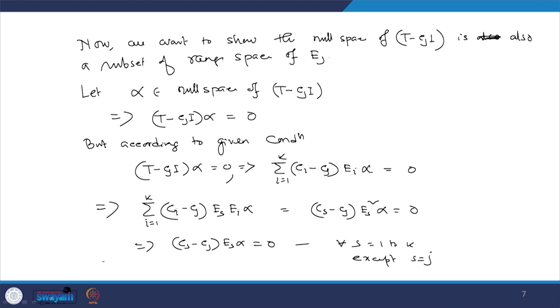Now, since Cs minus Cj is not equal to 0 for s not equal to j, this implies Es alpha equal to 0 for all s except s equal to j.